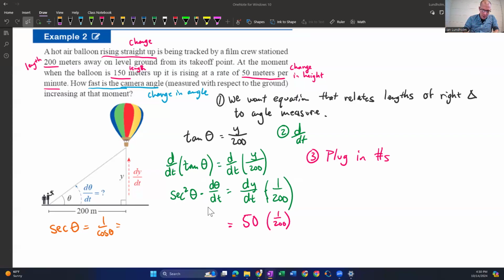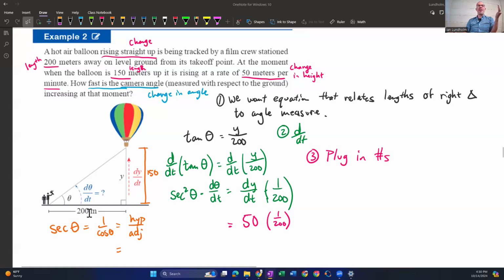It is hypotenuse over adjacent leg. The 150 is over here, and then we've got 200 on the bottom side.